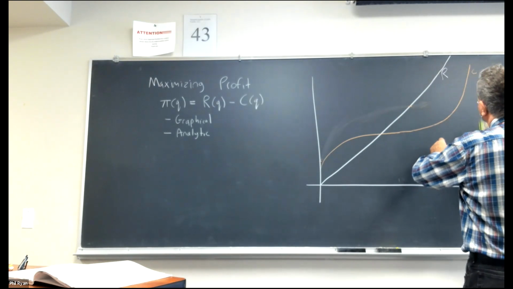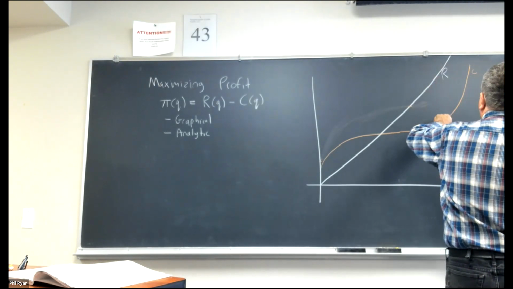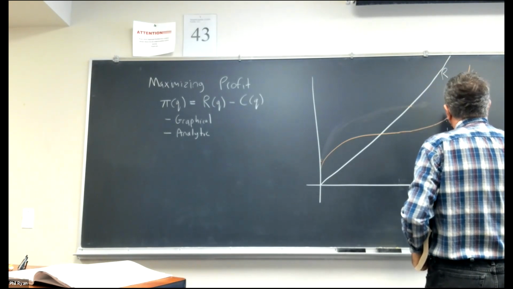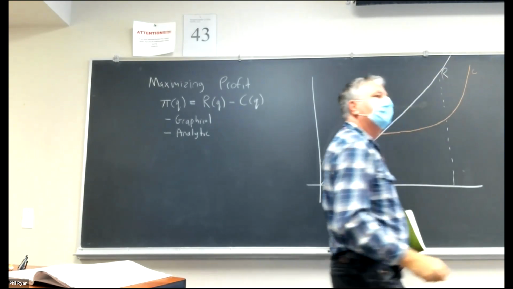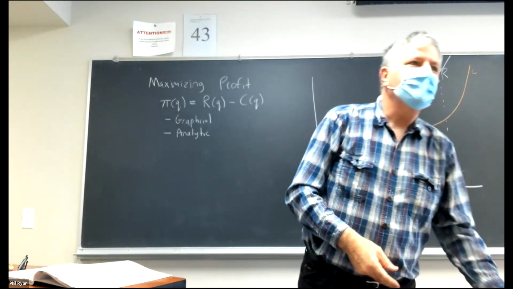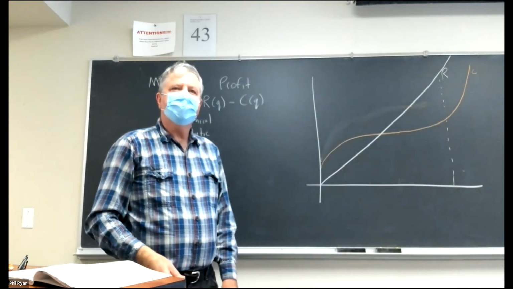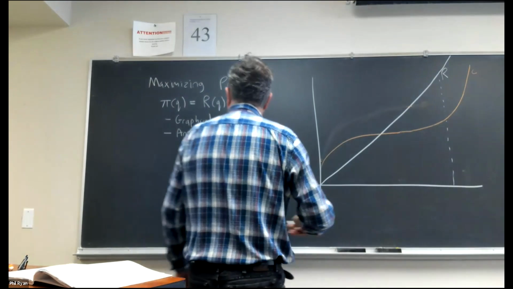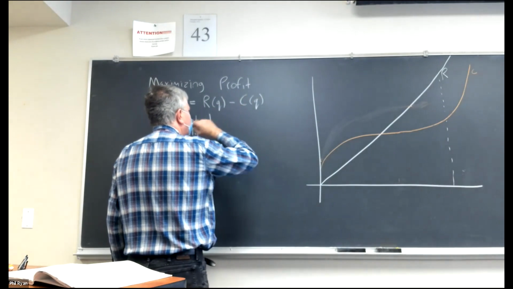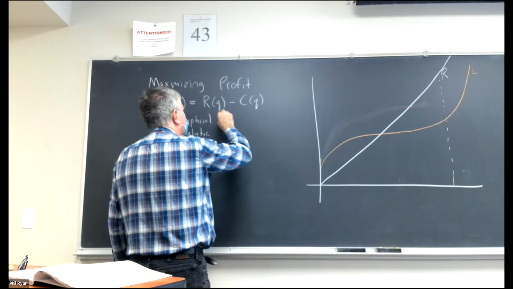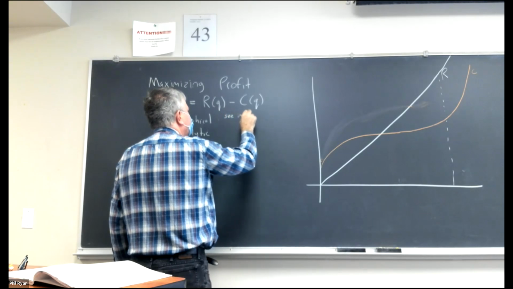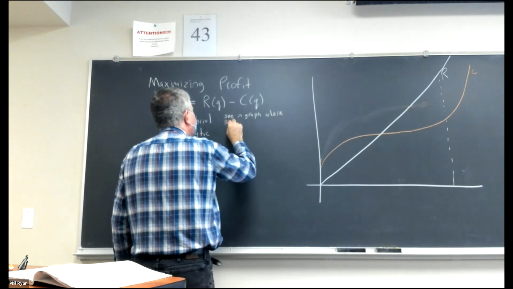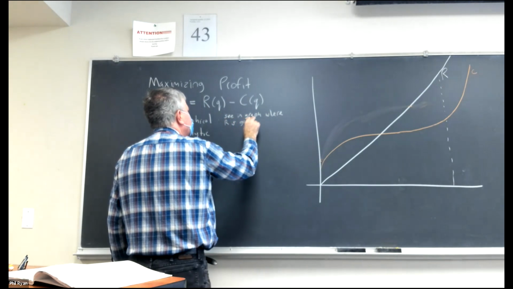Then after a while, maybe around here, it looks like it could be something like that, right? If I had a better picture and you had a ruler, I could figure it out pretty straightforwardly. So graphical analysis is we just see in the graph where R is the greatest distance.